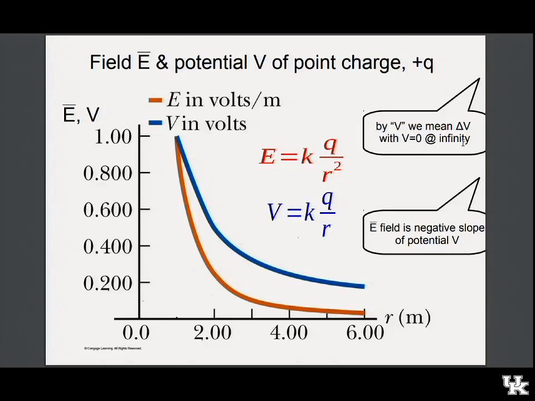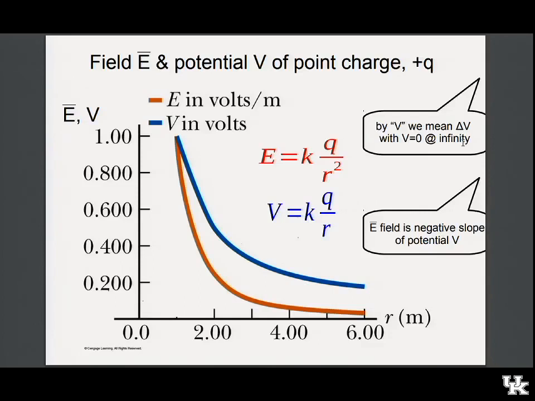You can see, for example, in this region here of the potential, the potential is downhill and is changing quickly.